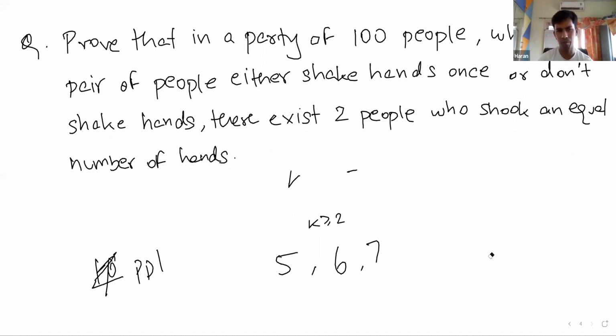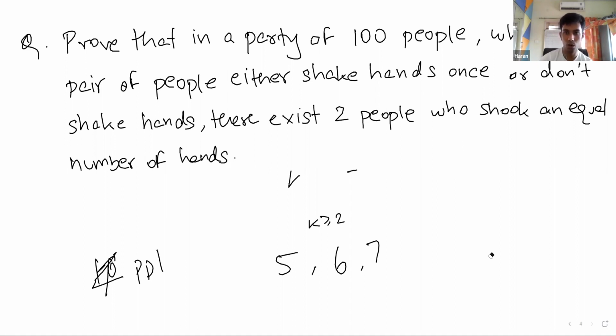Maybe in the party, people shook hands with a very small number of people, and nobody shook 98 hands. So again, there's a lot of technical details that must be filled in before this can become a proof.